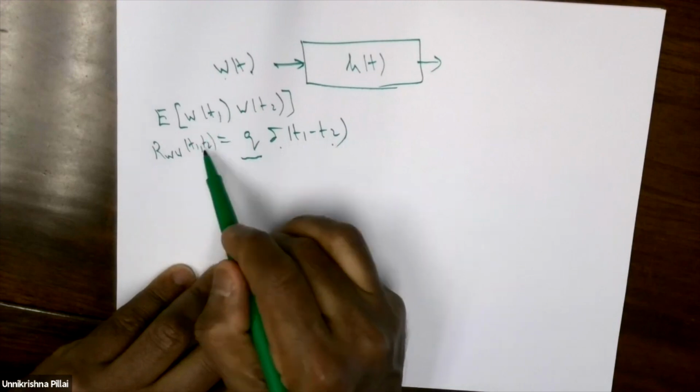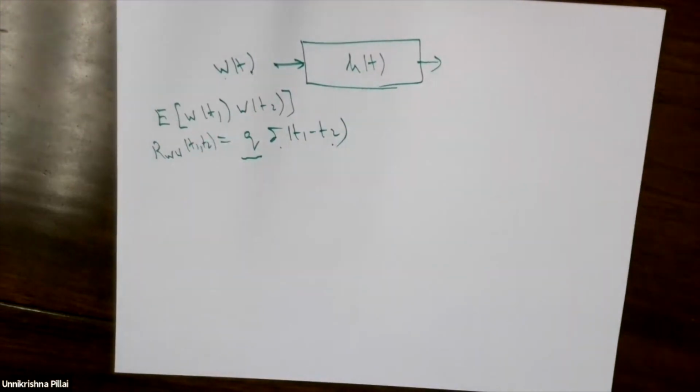If T1 is not equal to T2, what is the value of this autocorrelation function? Zero. And let's assume the process is zero mean.